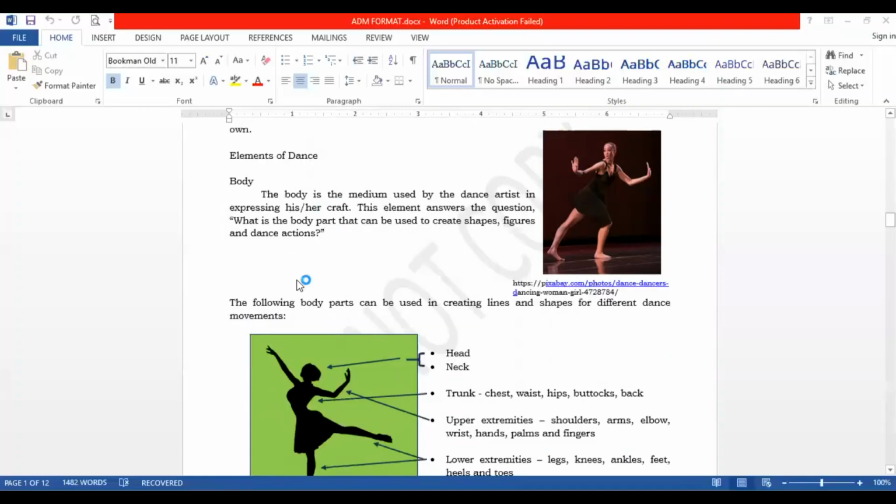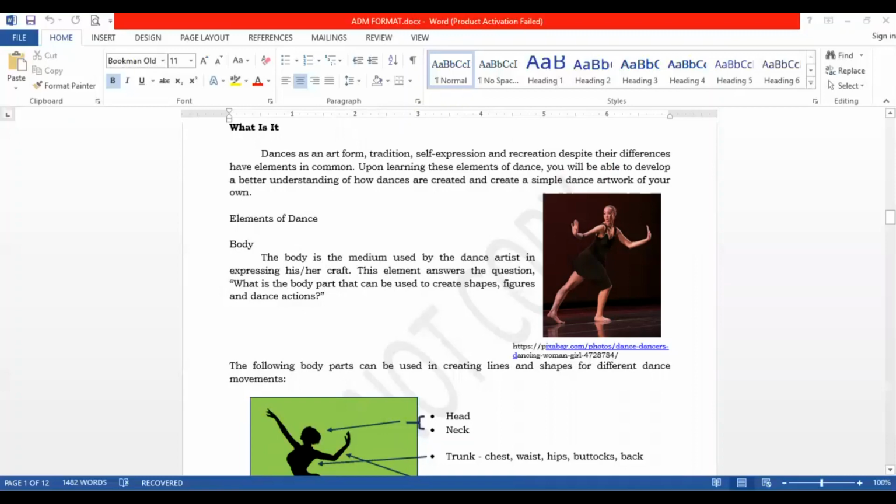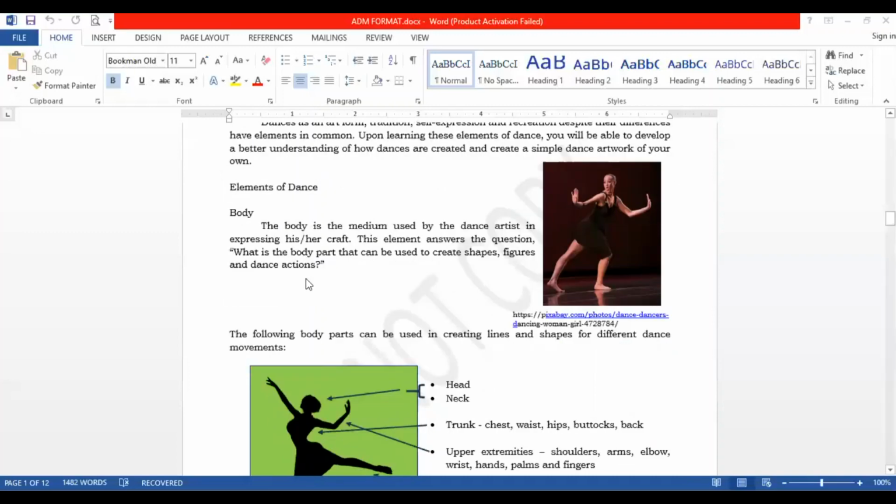So dito, makikita nila, kaya pala yung activity ko about identification of the different body parts that is being used in the different dances, kasi tungkol dun pala yung aming tatalakayin. Ayan. So, paunti-unti, marirealize na ng bata kung saan natin sila dinadala. So what is it? Here, elements of dance, body.